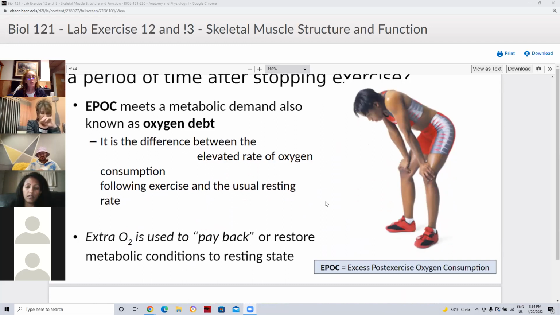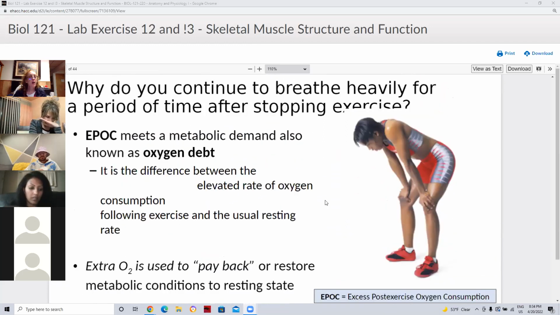Why do you continue to breathe heavily for a period after stopping exercise?